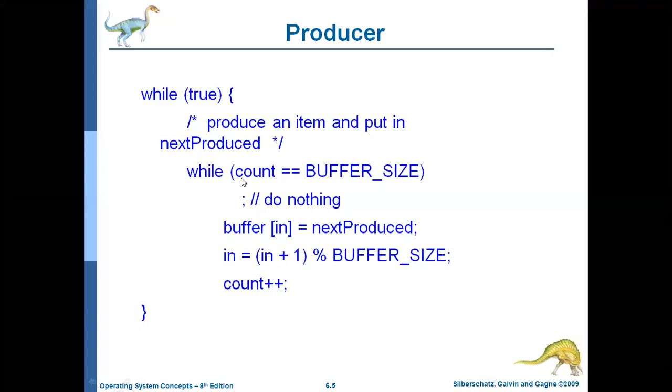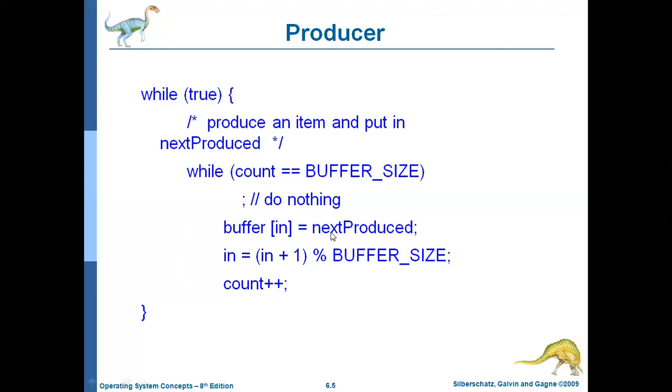Again you move to this location. 3 equal to 5. No. Buffer of 3 equal to next produced. And then in equal to in plus 1 modulo division buffer size. That means again it will be incremented to 4. Count is also incremented to 4. Like that. So next value 4 equal to 5. No. Buffer of 4 equal to next produced.